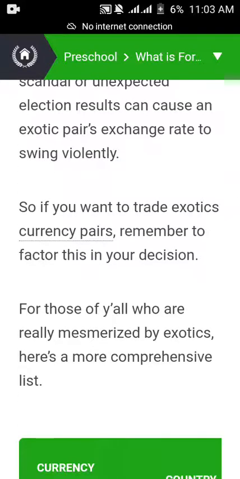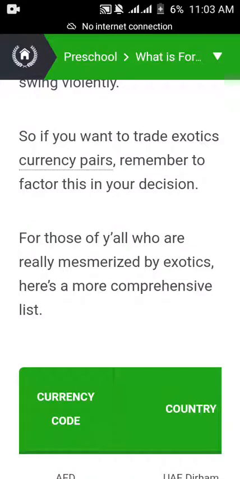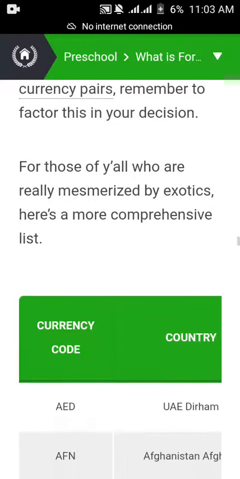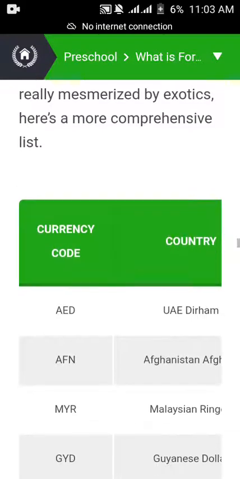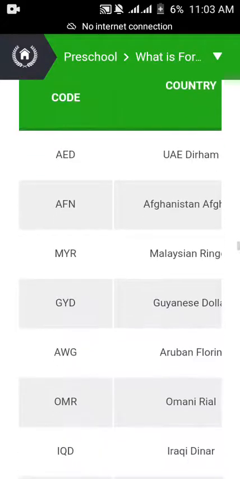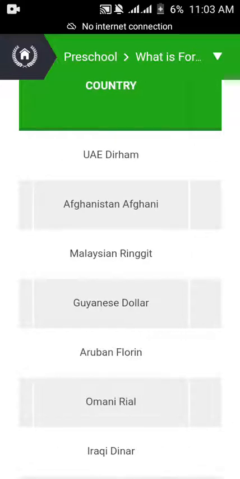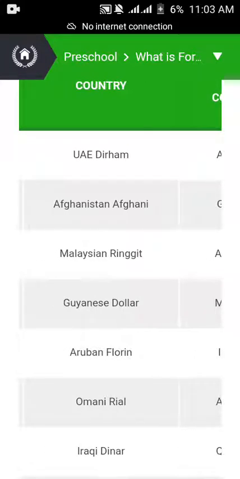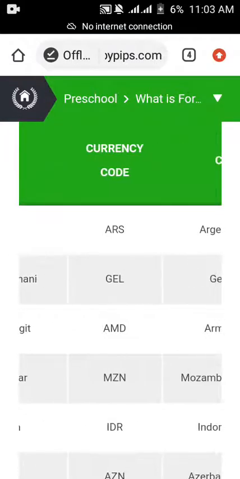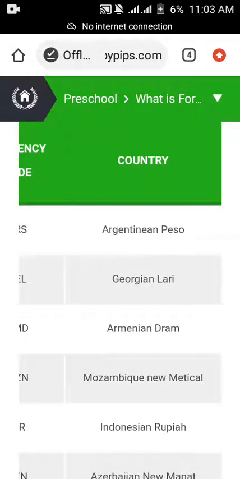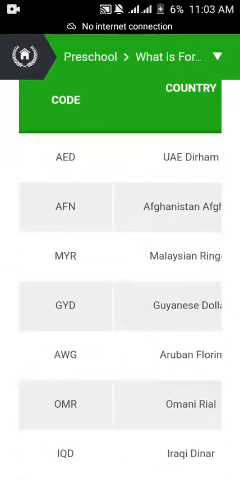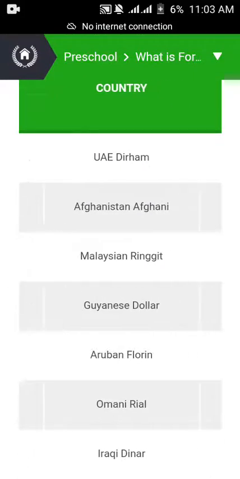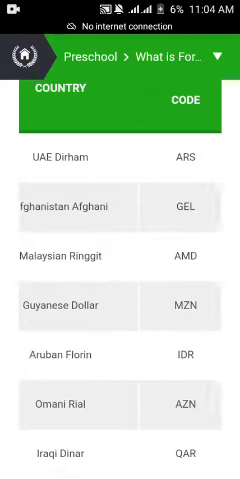So if you want to trade exotic currency pairs, remember to factor this in your decision. For those of you who are really interested in exotics, here is a more comprehensive list. Currency code, we have the AED, the UAE Dirham. The code is ARS, and the country is Argentina, Argentinian Peso. The next one is AFN, Afghanistan Afghani.